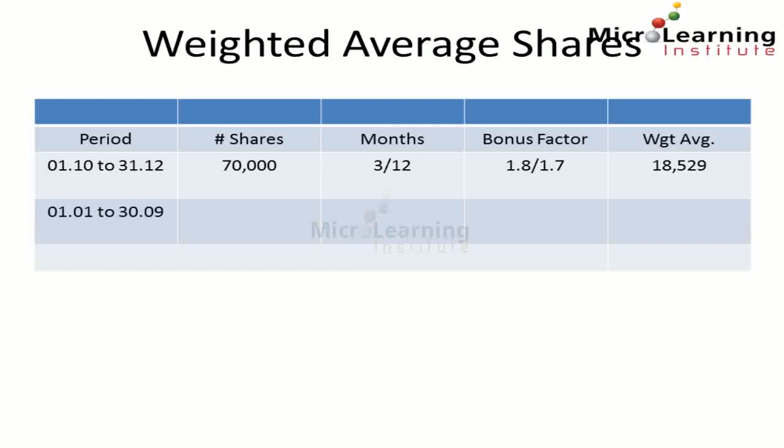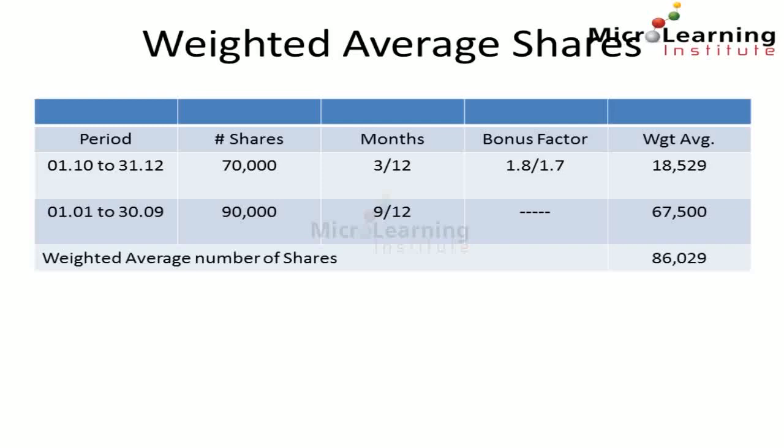Similarly, when we look at the second period from the 1st of January to the 30th of September, we see that there were 90 million shares in circulation for this 9-month period. Of course these shares came into existence post the rights issue, so they are not subject to the bonus. So the time-weighted average effect of these 90 million shares for 9 months is 67.5 million shares.